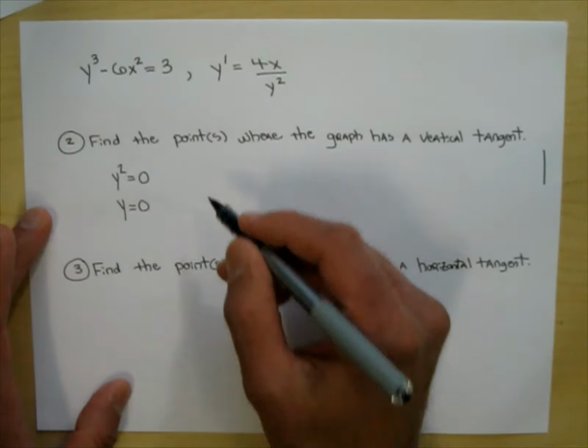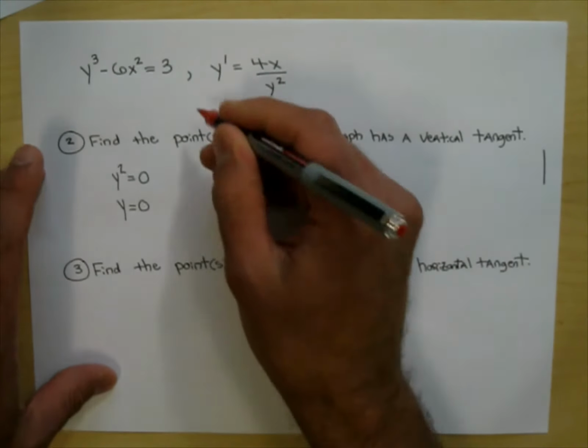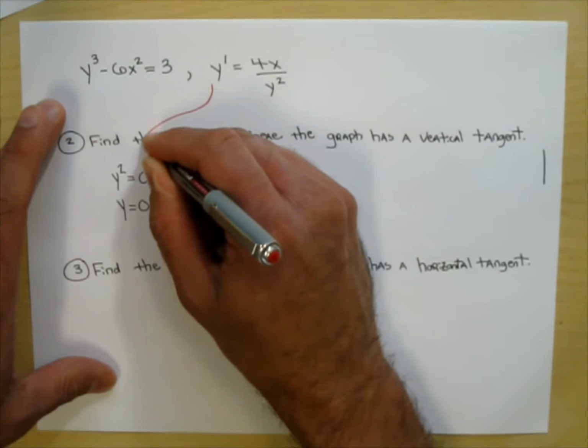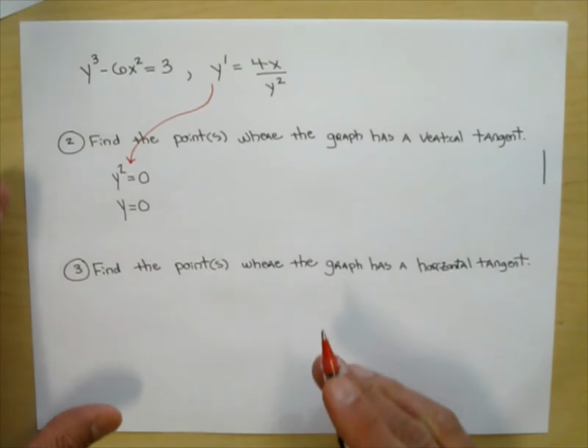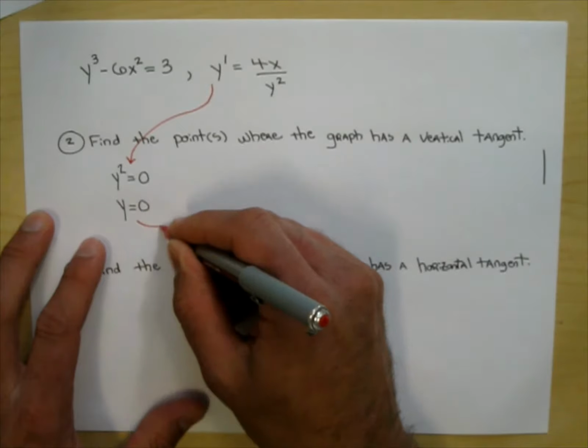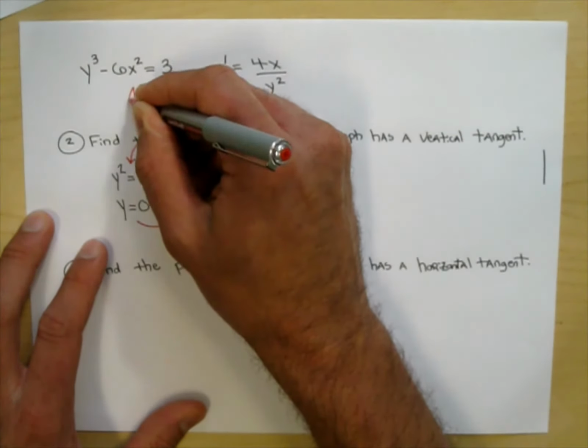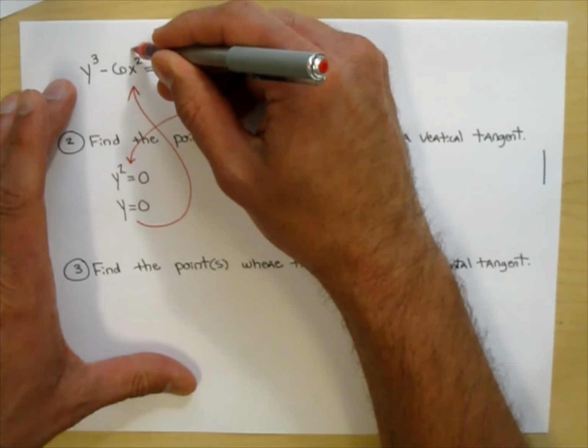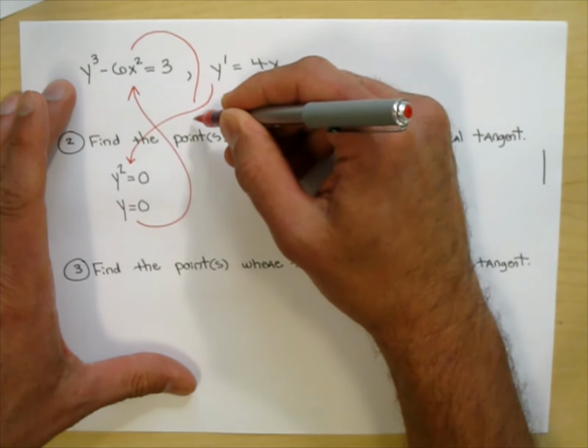into the original equation to see what the x value is. Let me use some arrows here. We set the bottom equal to 0, then we're going to put that in there. Tell me these arrows aren't confusing.